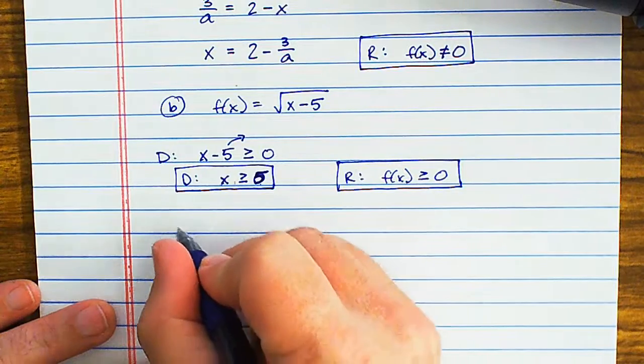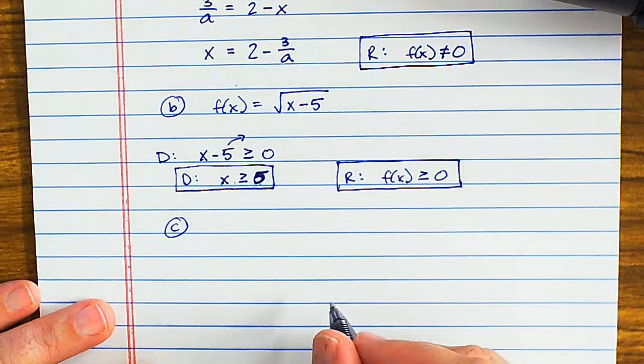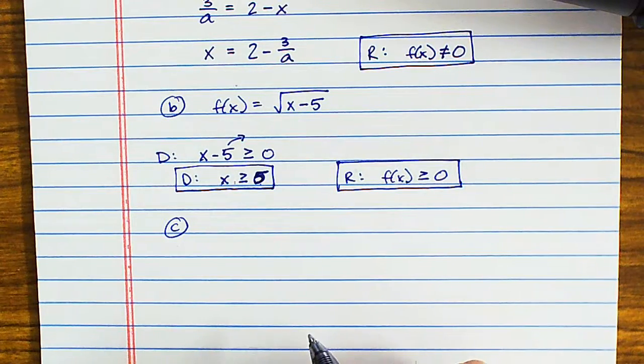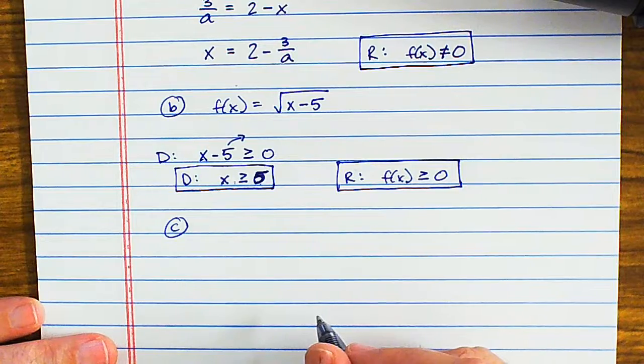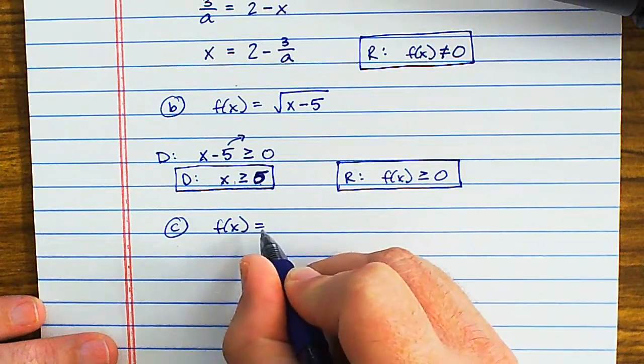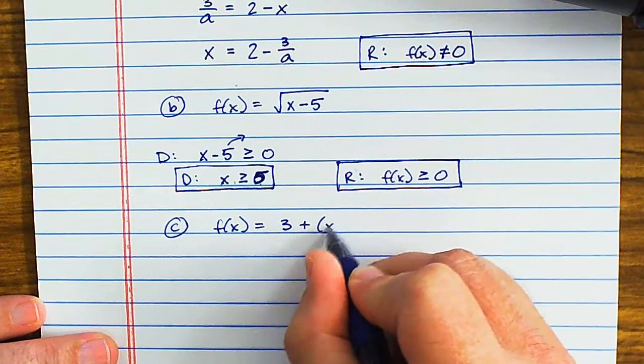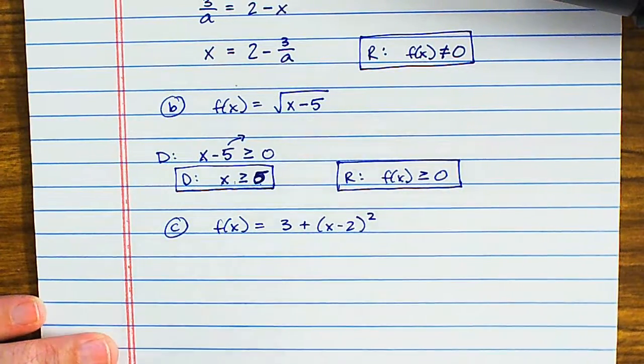So it's also in knowing the properties of each of these. You know, fractions can't have denominators of 0. Square roots have to always be positive. Things like that. And then my third one is f of x equals 3 plus x minus 2 squared.